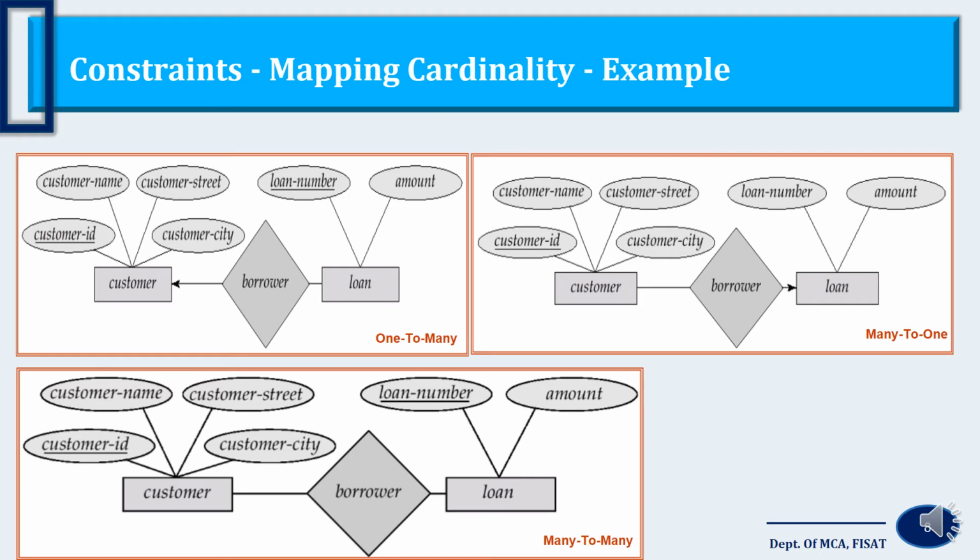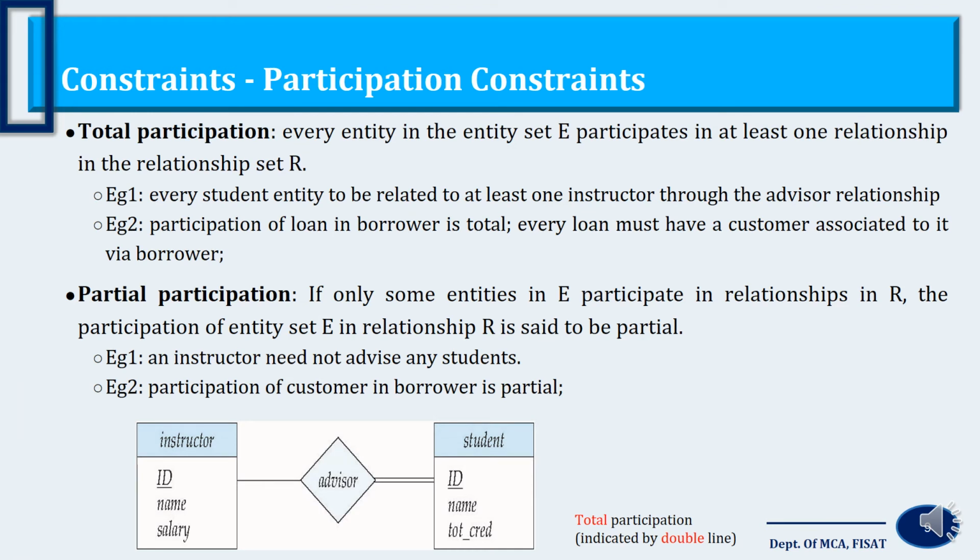Okay. Let us discuss the participation constraints. We'll be having two types of participation constraints, total participation and partial participation. In the total participation, every entity in the entity set E is participating in at least one relationship in the relationship set R. That is a total participation.